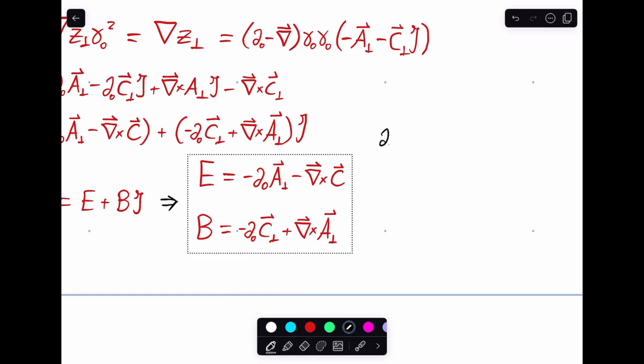You have partial change in time of, so yeah, for Maxwell's equations, you have 1 over c change of B is equal to curl of E. If I recall correctly, you have this equation, which would mean that you would have this, so plus, minus.